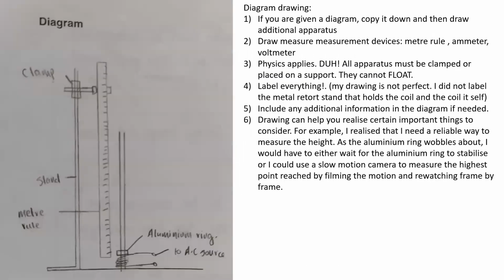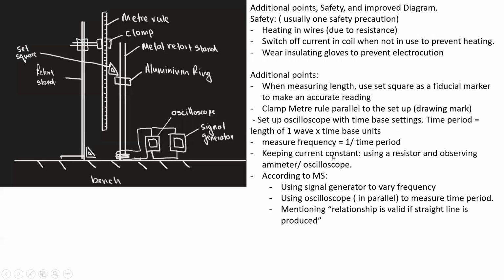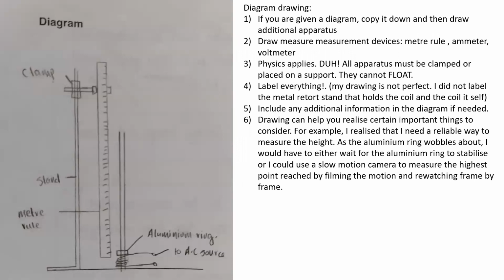I tried my best to explain the new apparatus that we have used, for example, signal generators and oscilloscope. I hope you can understand the diagrams that I've drawn and the additional points. A lot of physics paper 5 is intuition and thinking it through, imagining that you're actually carrying out the experiment.